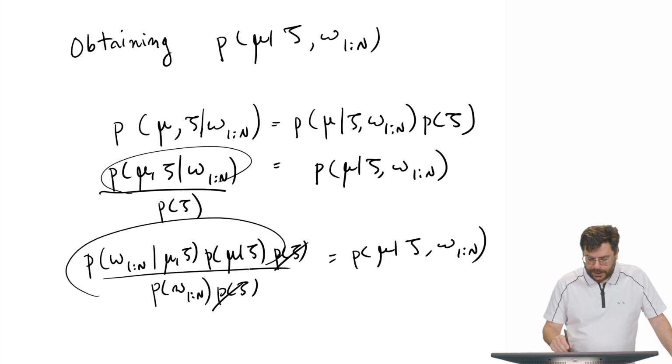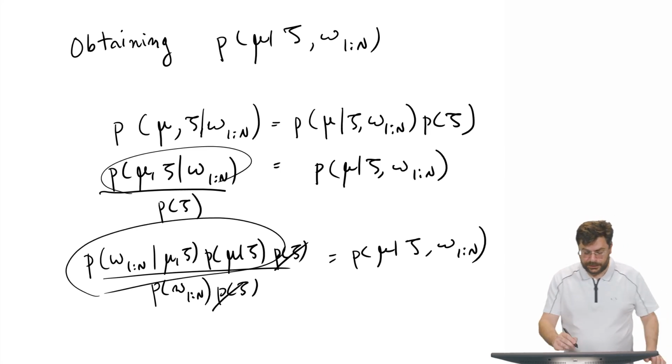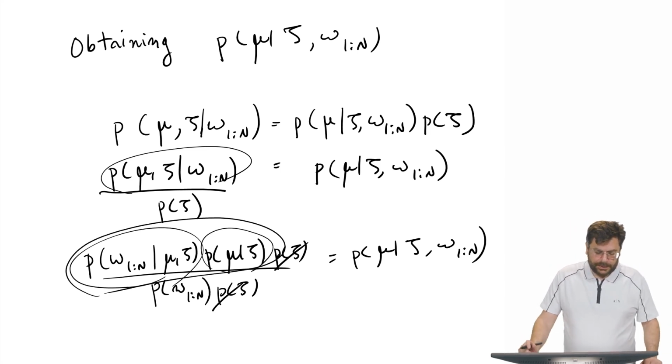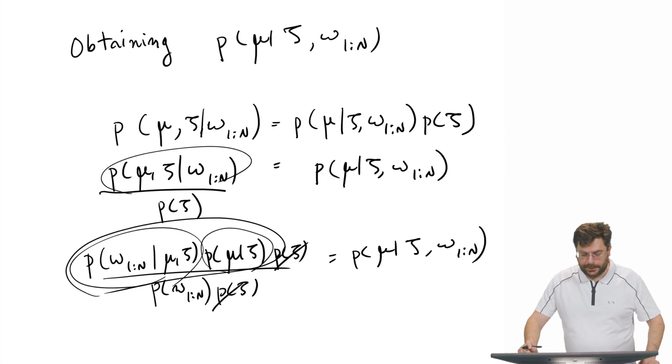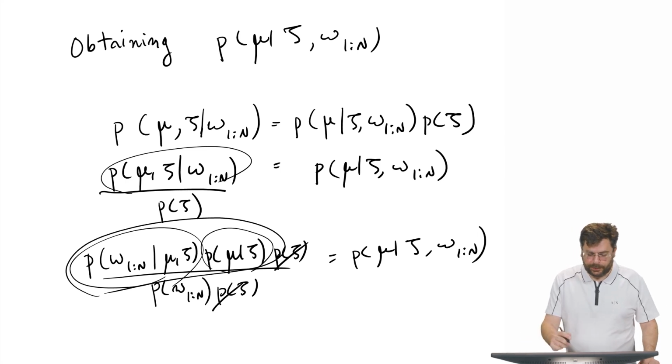So I know how to take the product of these two, this prior and this likelihood. What is this prior? It's a Gaussian. What is that prior? It's another Gaussian.